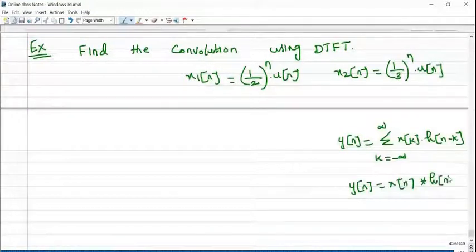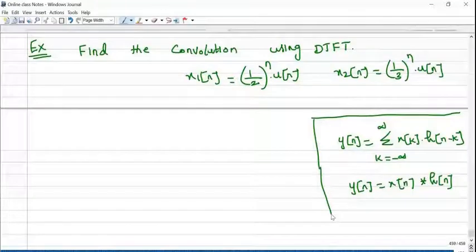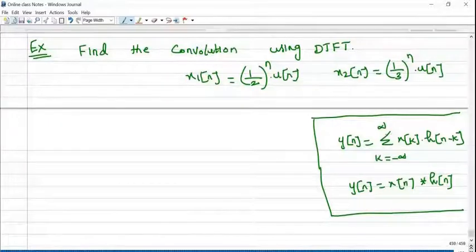This is what we derived in unit 2, discrete time LTI system. But we are not going to use this particular formula, that is x1 of k dot x2 of n minus k, where k varies from minus infinity to infinity.